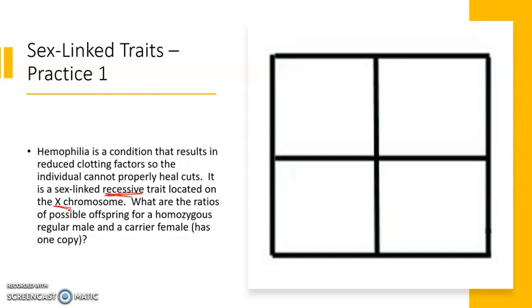So let's do a cross. We have a homozygous regular male, so he does not have hemophilia, and a carrier female. Remember, carrier means they have one copy. So our male does not have hemophilia.